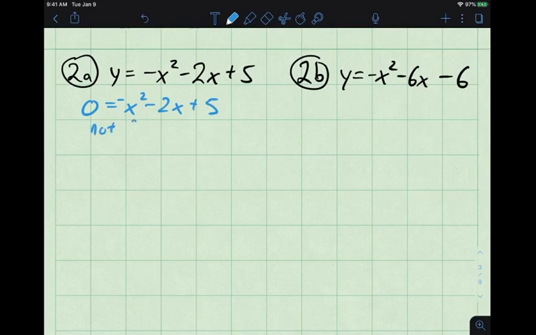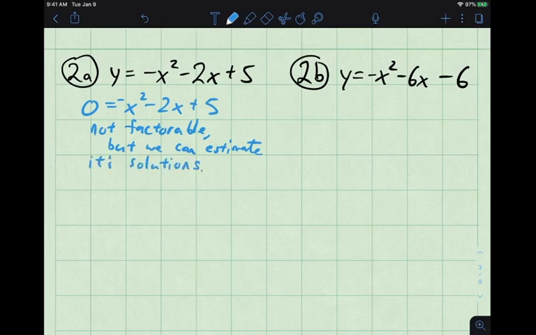Not factorable, but we can estimate its solutions. Same thing here, not factorable, but we can estimate solutions.